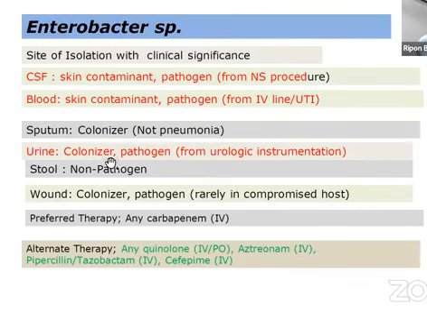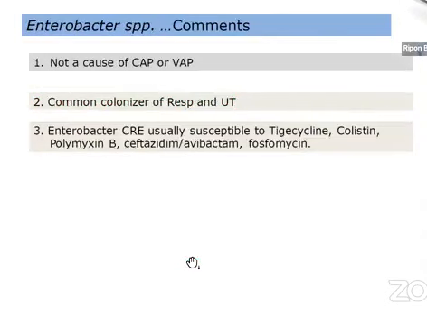In urine, usually they're colonizers, but with any urological instrumentation like cystoscopy, in that case, it can be pathogenic. And in an immunocompromised patient, it can be pathogenic in wound infection. And preferred therapy is any carbapenem and quinolone; aztreonam, piperacillin-tazobactam combinations, cefepime are the alternative therapy.